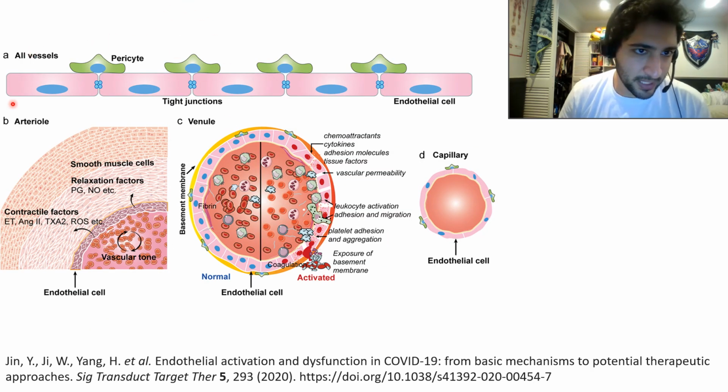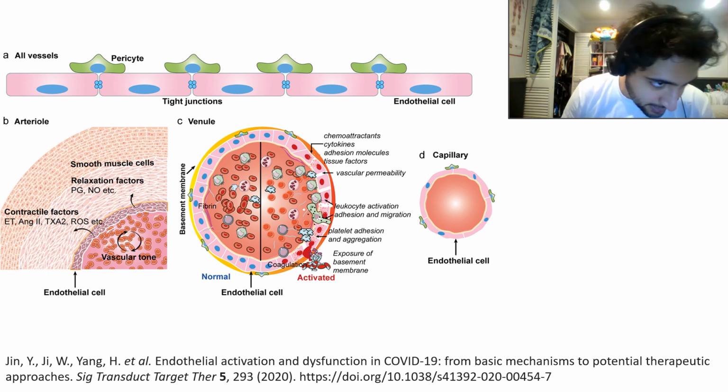All right. So here's the normal structure of the endothelium. This is extremely important. So notice it's held together by tight junctions with parasites. And you have multiple layers that maintain the vascular tone, and you have a balance between relaxation and contraction. I want to underline a few important things here.